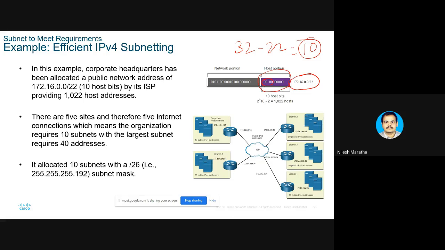So what are those particular values for the 4 bits? Let's suppose I am talking about the 4 bits, dot 00.